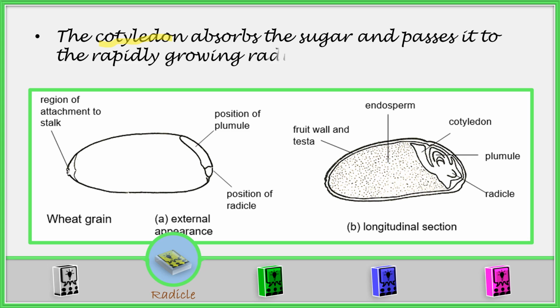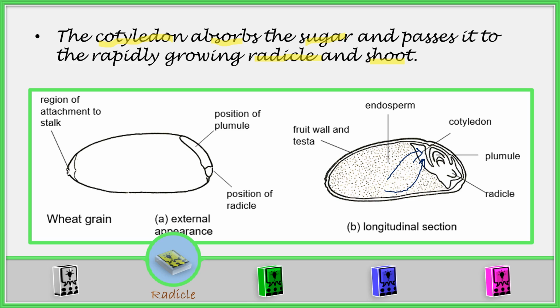The cotyledon absorbs the sugar and passes it to the rapidly growing radicle and the shoot. So this sugar, which has been digested here, is going to enter into the cotyledon. All the soluble sugar will enter into the cotyledon.